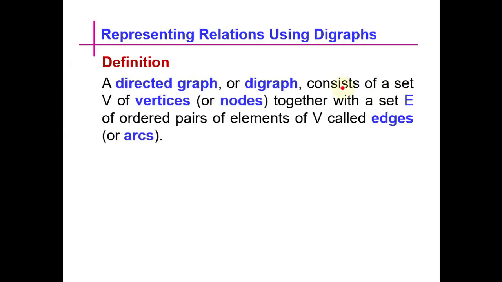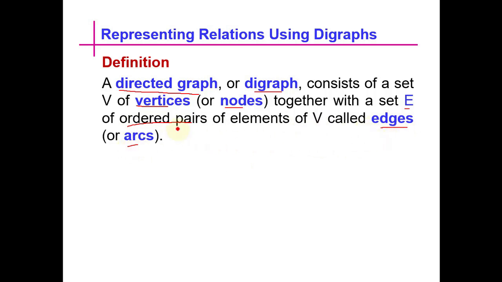Now we see how to represent a relation using digraphs. So if we see here the definition of digraphs, a directed graph or digraph consists of a set V of vertices or nodes together with a set E of ordered pairs of elements of V called edges or arcs.